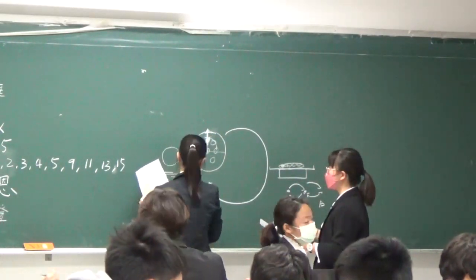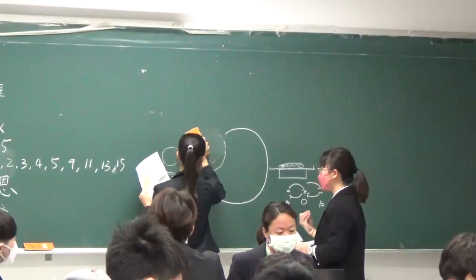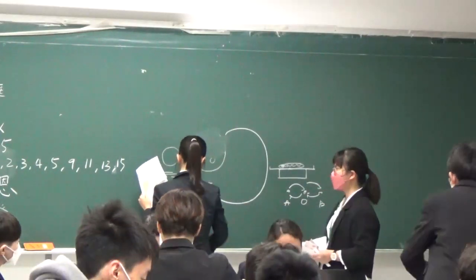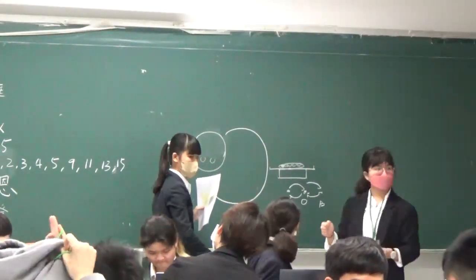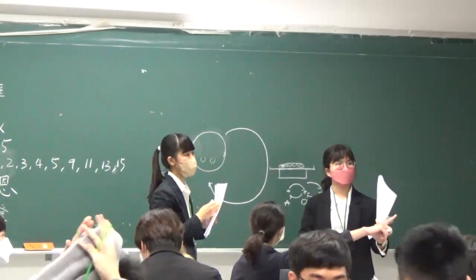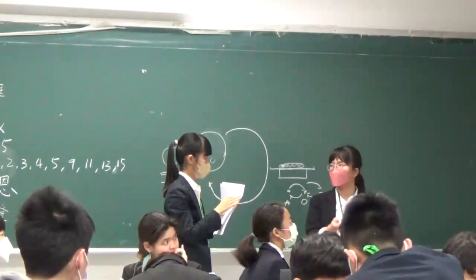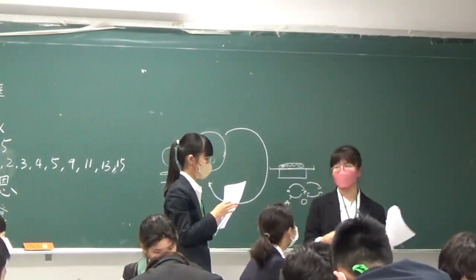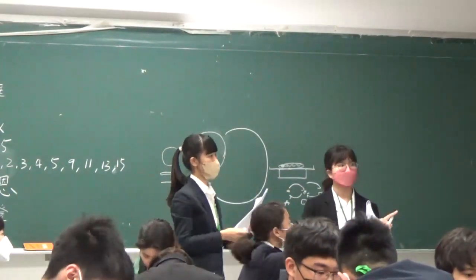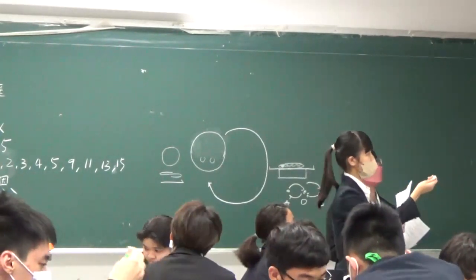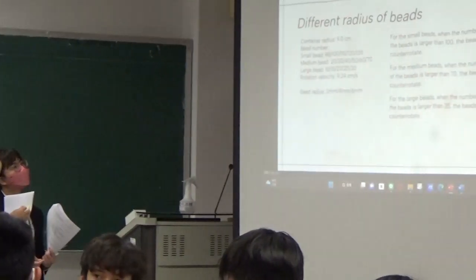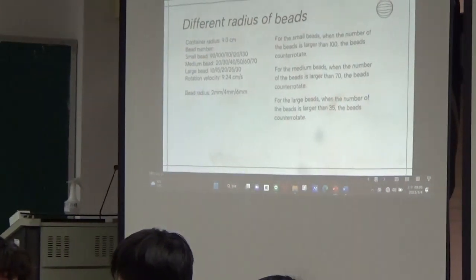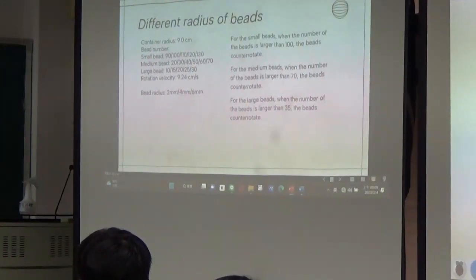Sorry, the transition zone is between the co-direction and the outside. So where is the range of the amount of balls?